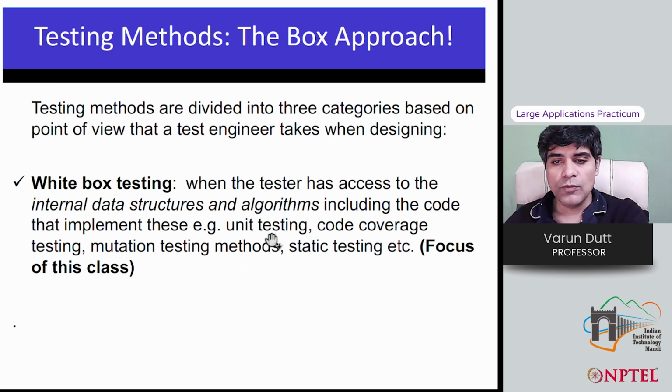The tester would write unit test cases, defining the inputs into the program and the outputs expected from it, and would also look at code coverage, mutation testing, and other things. So white box testing is when you have the source code available and can test it by running the code against inputs and expected outputs.